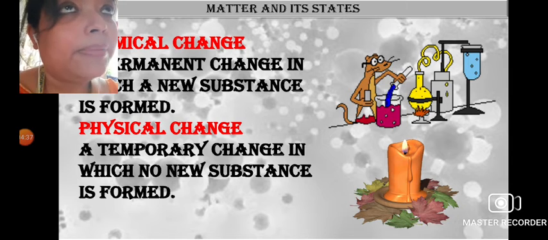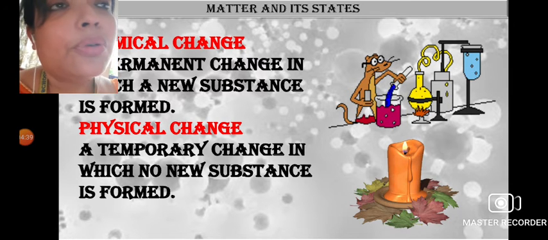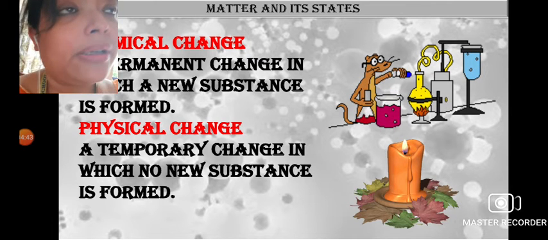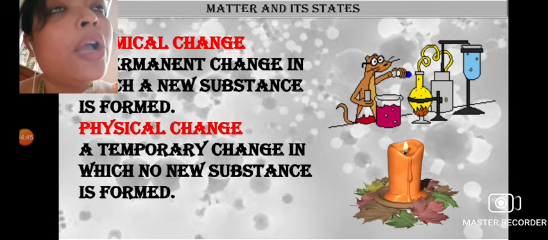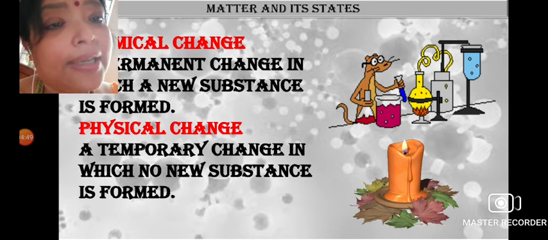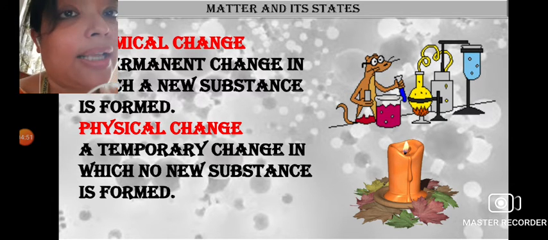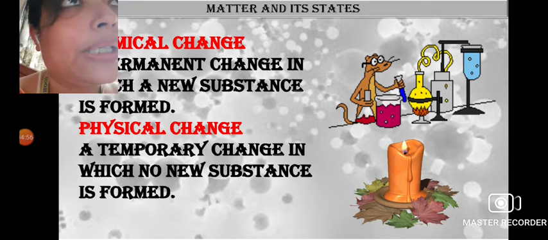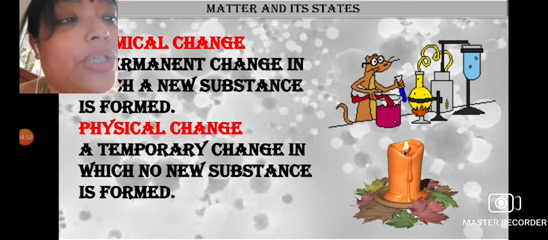Nothing has been torn, nothing has been burnt. Exactly the same paper, we are refolding and reforming it back. Only the shape has changed. So this type of change is known as a physical change, where only the outside portion, only the shape, has been changed.